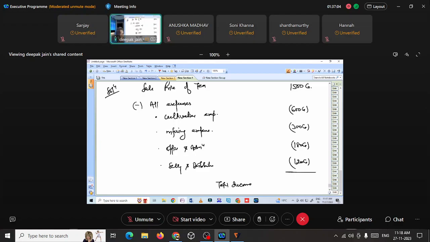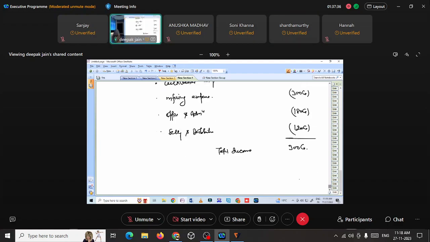Total expenses was 1,200. 300 crore is the surplus. Total income would be 300 crore. Yes, sir. So out of 300, what is the share of agricultural income?